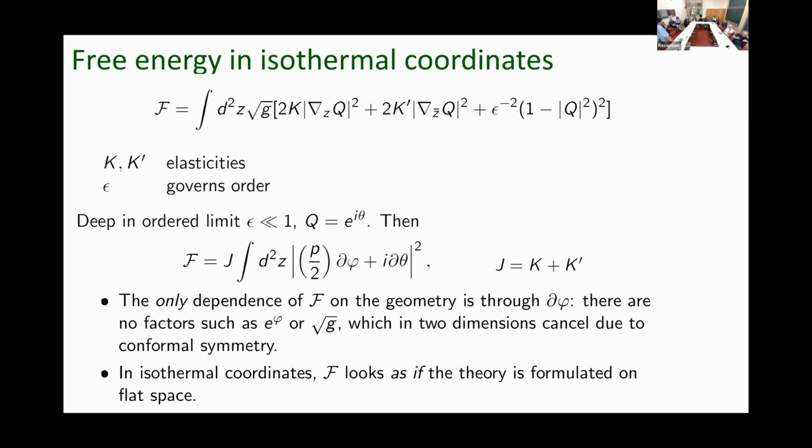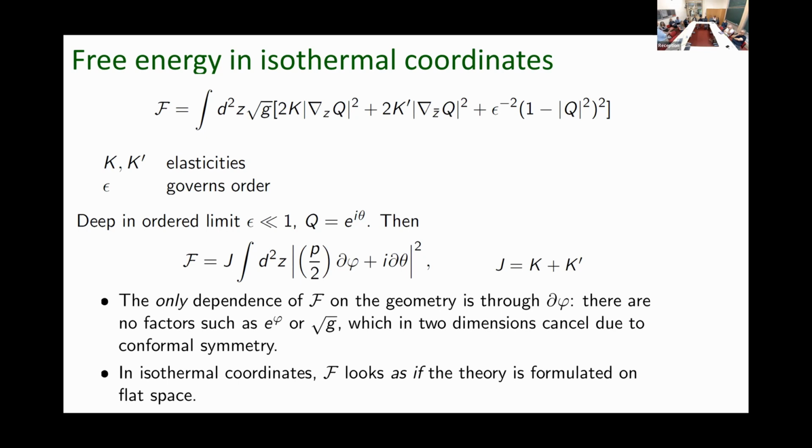So K and K prime, bend and splay elasticity essentially, or what are they? Not exactly. Recall that in 2D, let's say flat, if you want to write down the energy in the Q formalism, there's only one invariant term that we can write down.